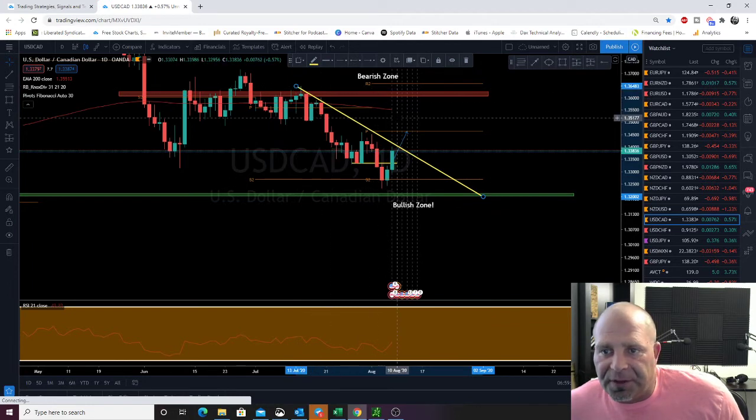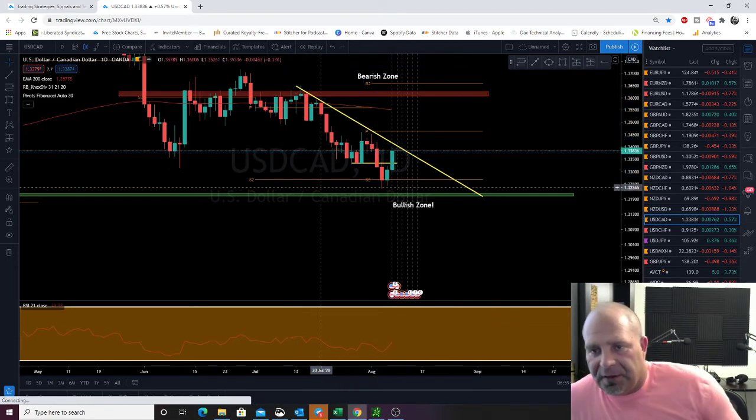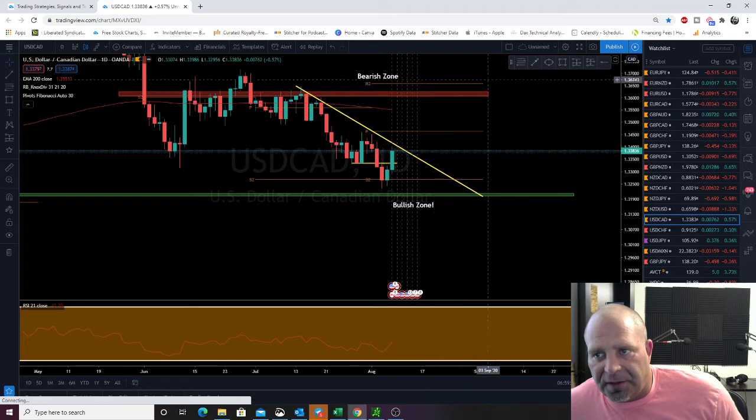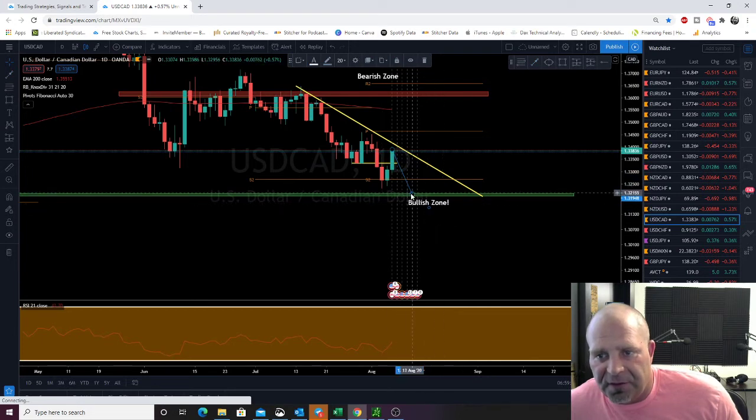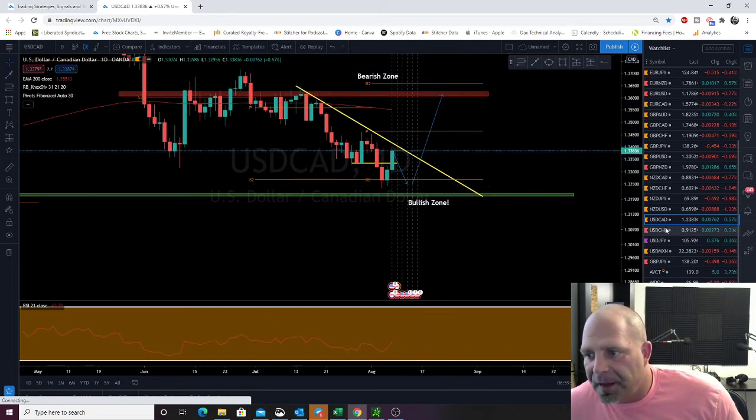Till we see a really good break of this trend line, we have to respect up here. I actually think before we get that big of a push, we might get down to this level or test that level again before we get that move.